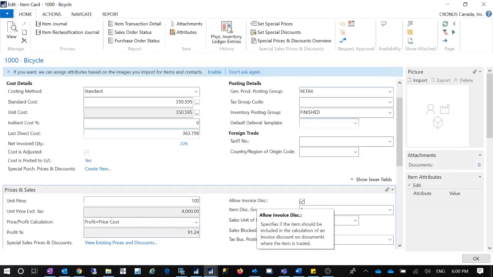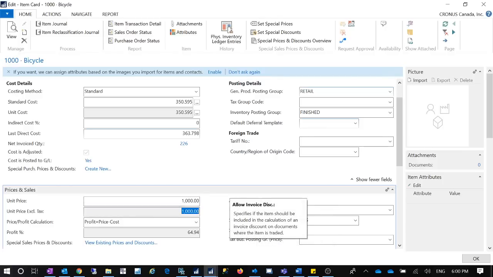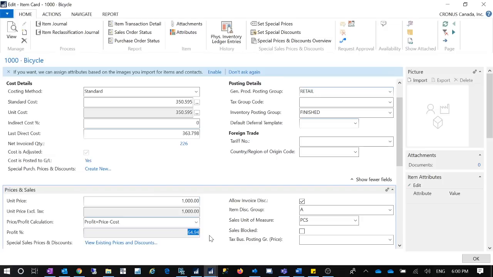For example, if I change the unit price to 1,100, and then to 1,000, the profit percent automatically changes with my unit price. You cannot change the profit percent field. It's just a dependency: it depends on the changing of the price, and the profit percent changes with it.